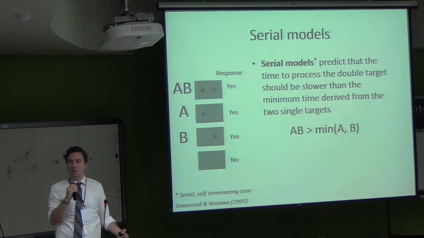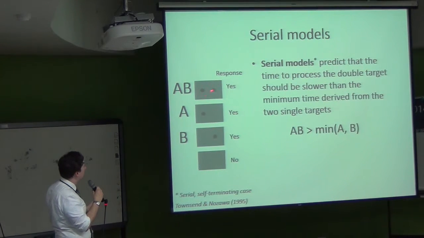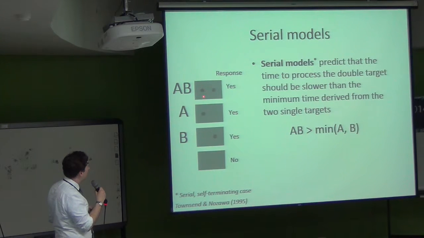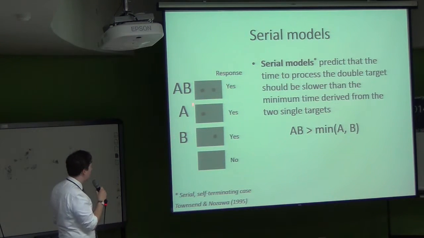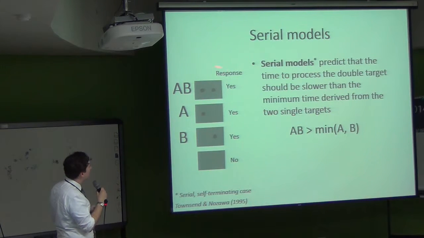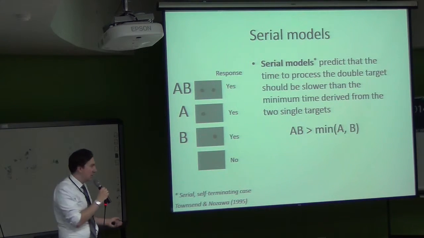So the assumption here is you're processing these channels in a serial self-terminating fashion. So as soon as you detect either of these particular onset of these dots, you'll emit a response. Stop making a decision and emit a response. So the response time for the double target should just be the time it takes you to process one of these dots, which is equal to one of the single targets, but that's slower than the minimum time you derive from both.